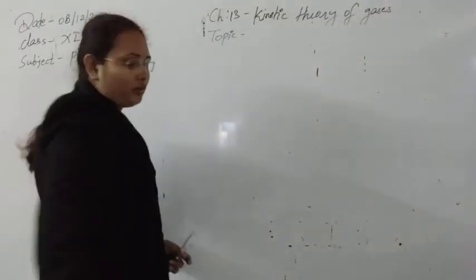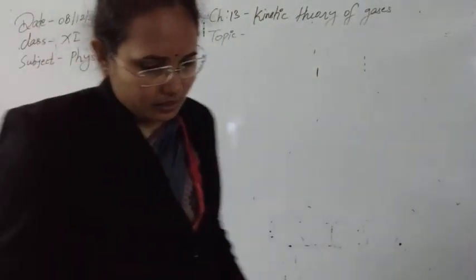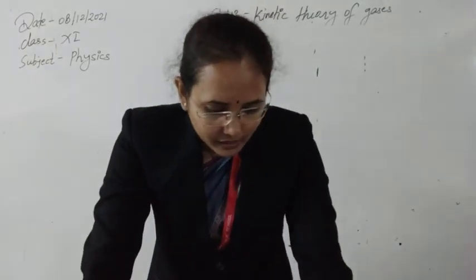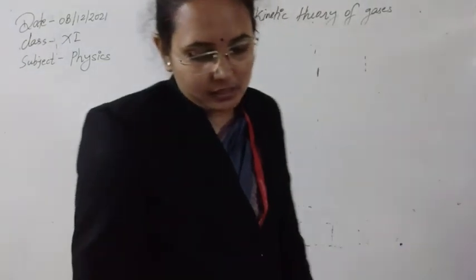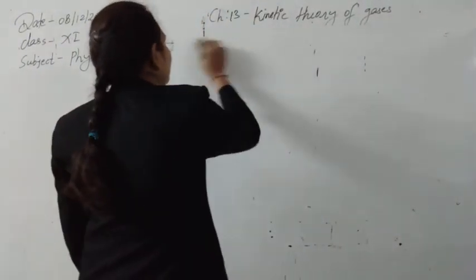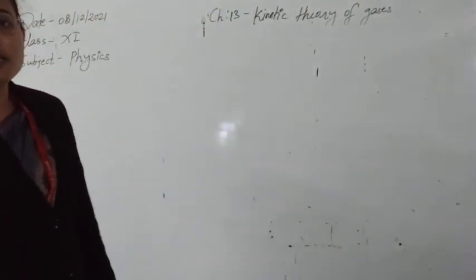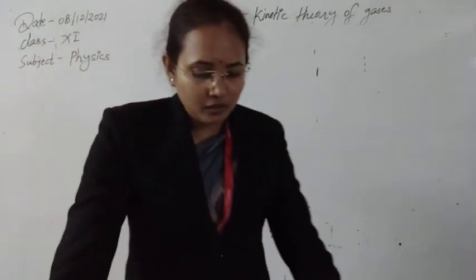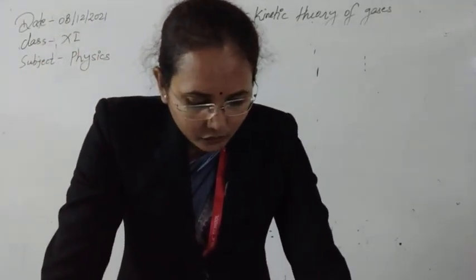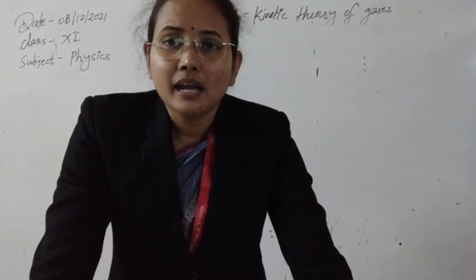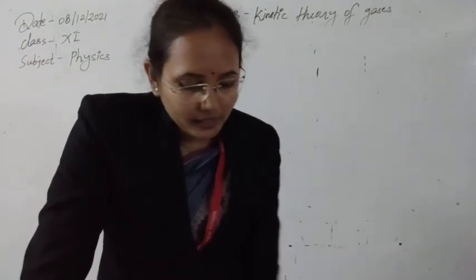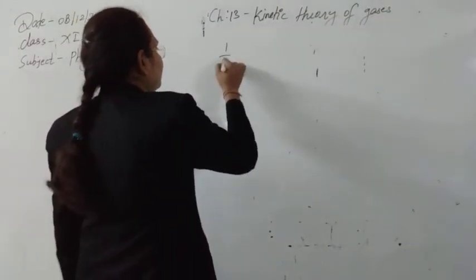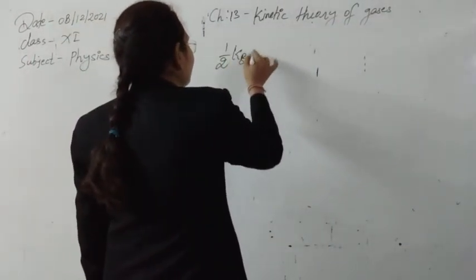The next topic of this chapter is the specific heat capacity of monoatomic, diatomic and triatomic gas. I am not writing the topic because it is very long, so let's only discuss this. First, for the monoatomic gas, the average kinetic energy supplied per degree of freedom is equal to 1/2 kBT, as we have just seen using the law of equipartition of energy.